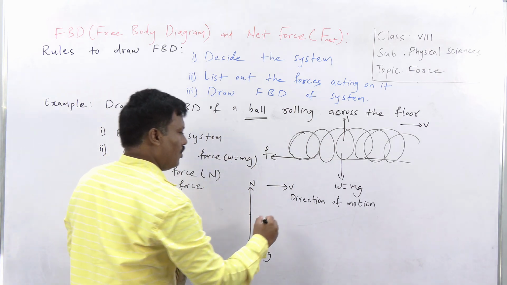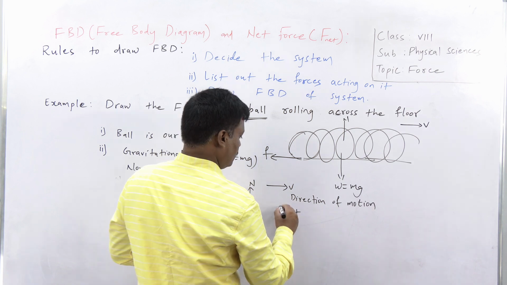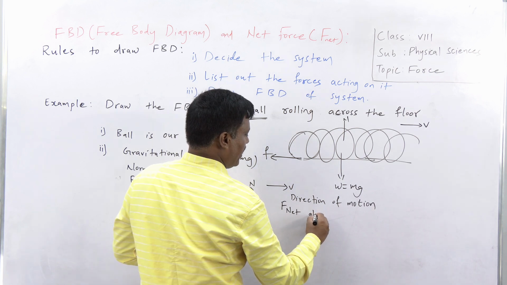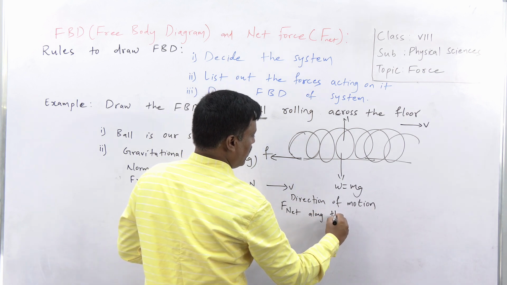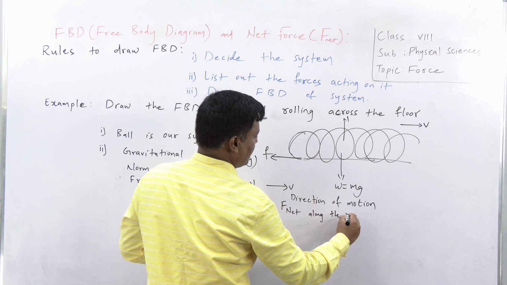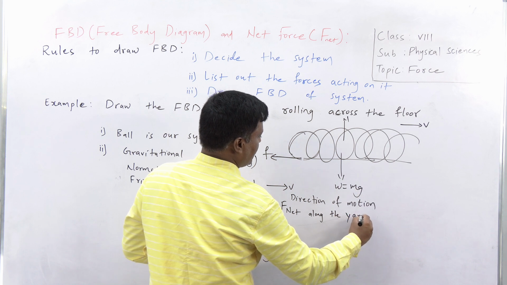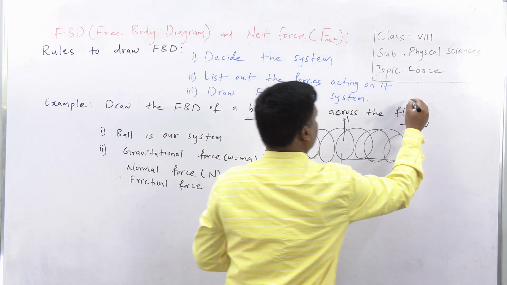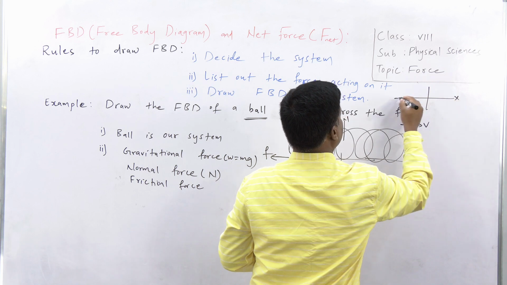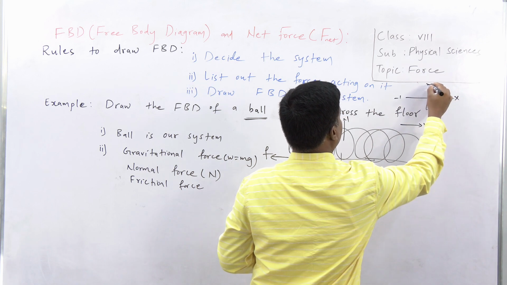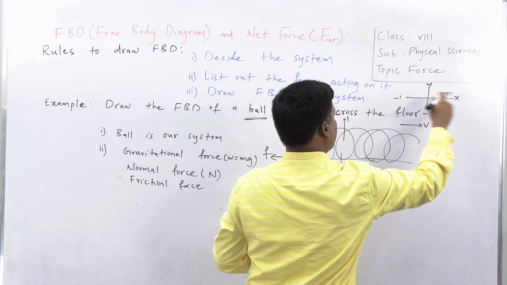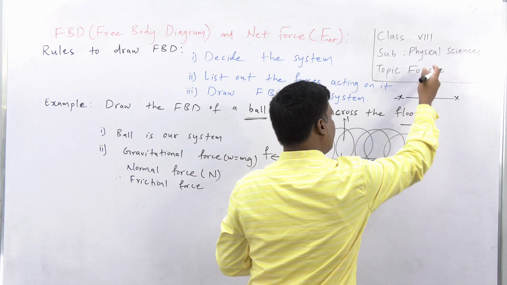Okay, so net force along the x-axis or y-axis. Y-axis is vertical, right? When you take the graph, like this is x minus x, y minus y, right? So this is vertical, this is horizontal, right? Vertically we are talking about.